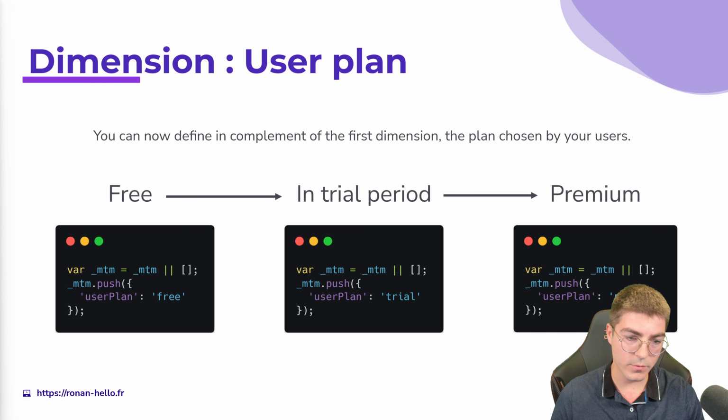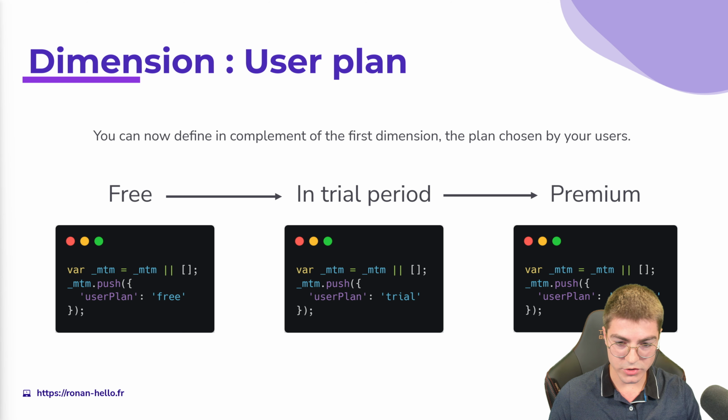It will be a freemium to premium strategy. At first, we have many people using a free plan. That's what you can see in the first data layer displayed on the slide. Then the user will try the software using a trial period, as long as one or many weeks, depending on your solution.